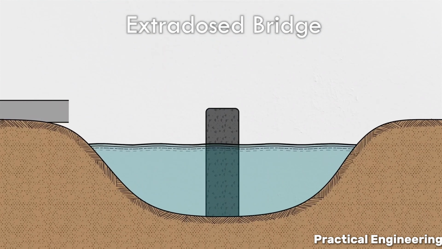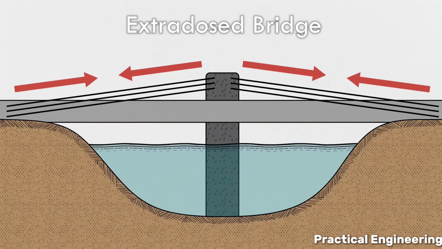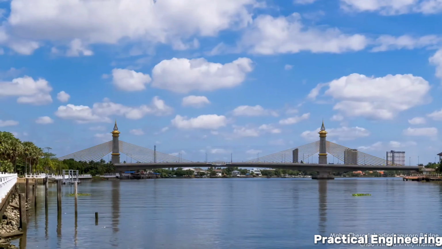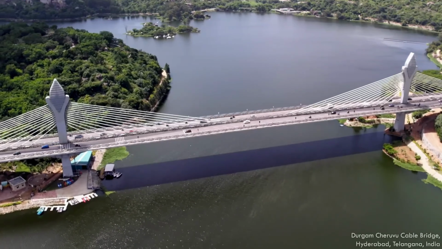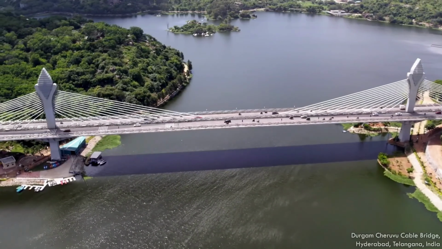A less common but super smart hybrid is the extradosed bridge. The towers are lower than in a typical cable-stayed bridge, and the cables help support the deck without needing big arches or towers. It's efficient, compact, and ideal for cities where space is tight and you still need strength.